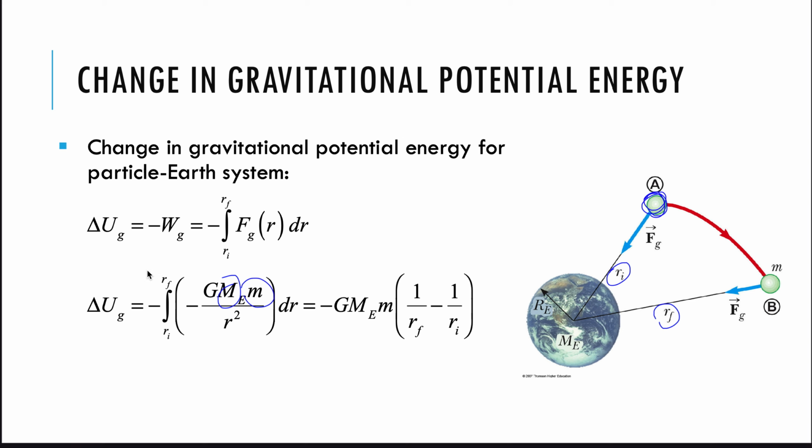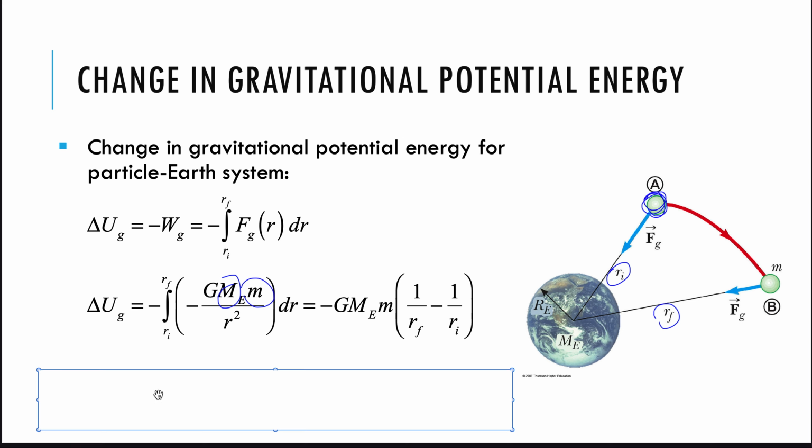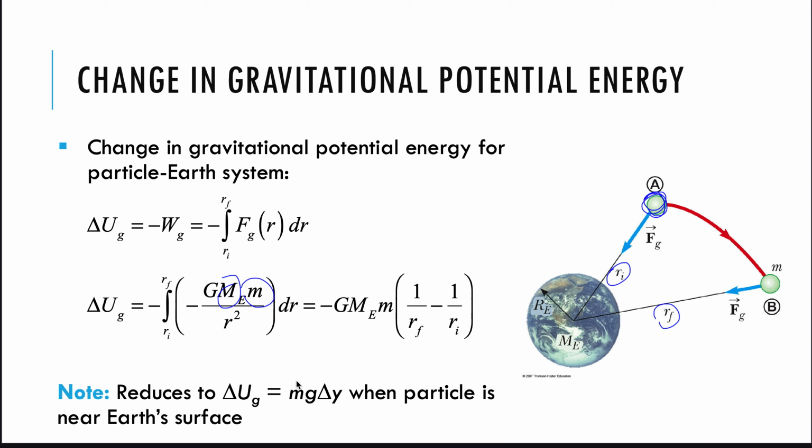Now, this expression does simplify to the expression that we are used to. We are used to using mg delta y. Remember when we have a surface and we have an object near the surface, we said it has some initial y. Let's say it's falling down to here. It has some final y. There's that delta y between the two positions of this object, and that's how you calculate the change in potential energy.